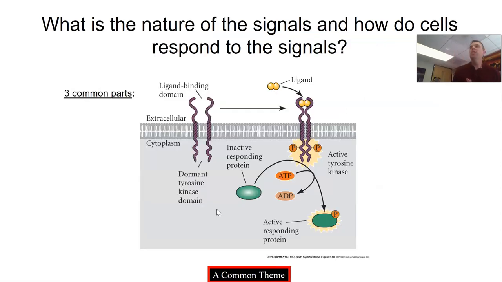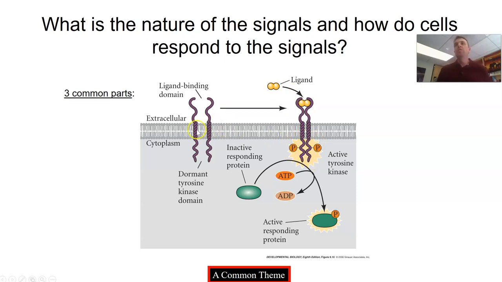All right, so what is the nature of these paracrine signals? Well, basically, in order to get signaling, you need two things. You need a ligand, right? This is our induction signal, and you need a receptor. That's our competency. In order to be able to bind to and respond to the ligand, the cell must have the appropriate receptors. And so when the ligand binds to the receptor, there is a change in the receptor.